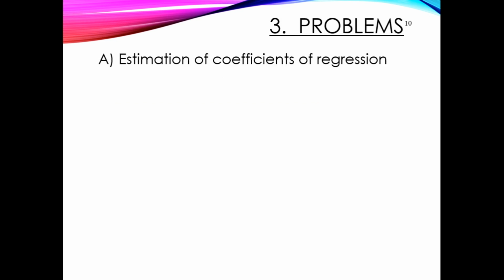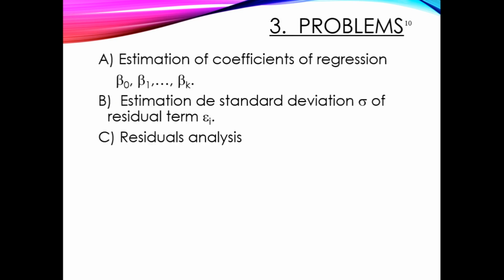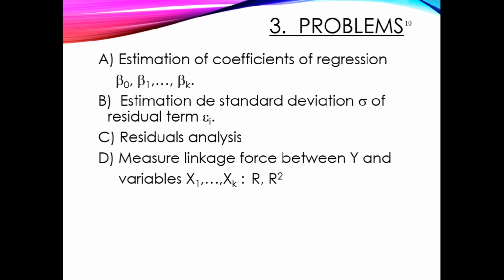So what is the problem about multilinear regression? We suppose in multilinear regression that our dependent variable is written as a linear combination of our explanatory variables. So how can we estimate our coefficients beta 0, beta 1 to beta k?